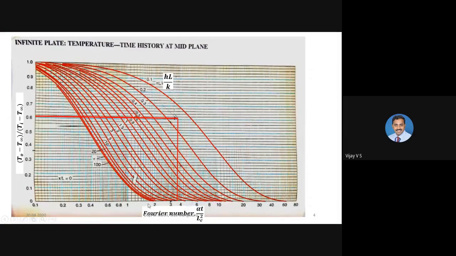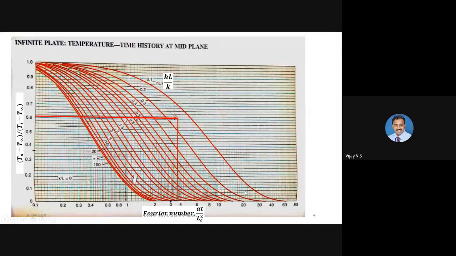Okay, now here see the Fourier number, x-axis. See, this is a semi-log graph, so the gradient here is not uniform. So it is varying. Here we have Biot number 1 is here, 2 is here, 3.4 approximately this line. Now the Biot number is 0.165.